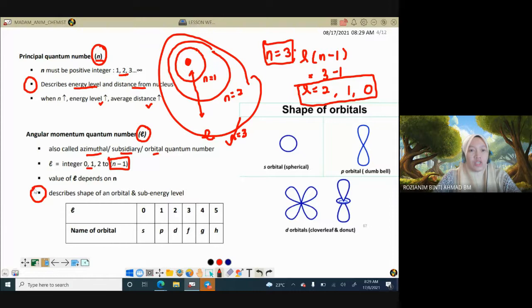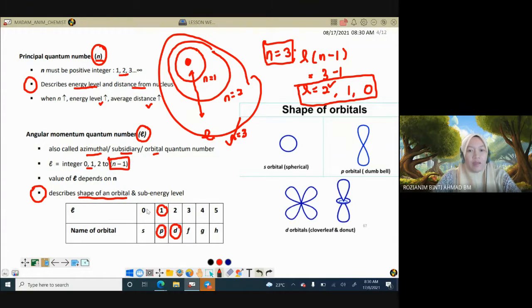The uses of the angular momentum quantum number, it's used to describe the shape of the orbital and also the subshell energy level. Contoh, kalaulah L dia 2, the value of L is 2, so the shape should be draw the d orbital. If L equal to 1, so the shape should be p.